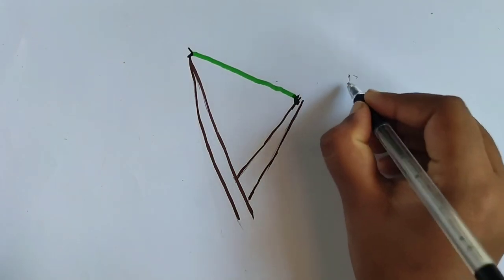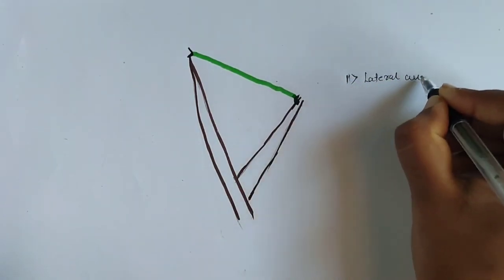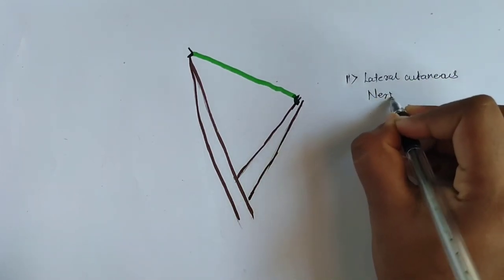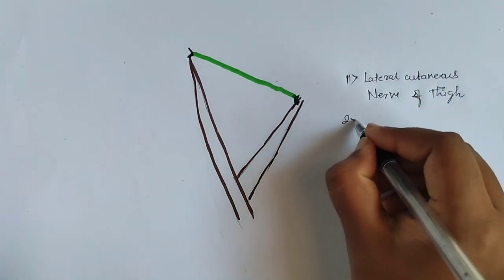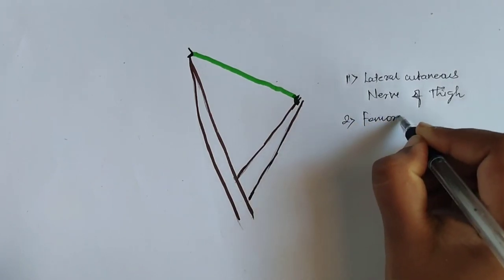First is the lateral cutaneous nerve of thigh, and second the femoral nerve.